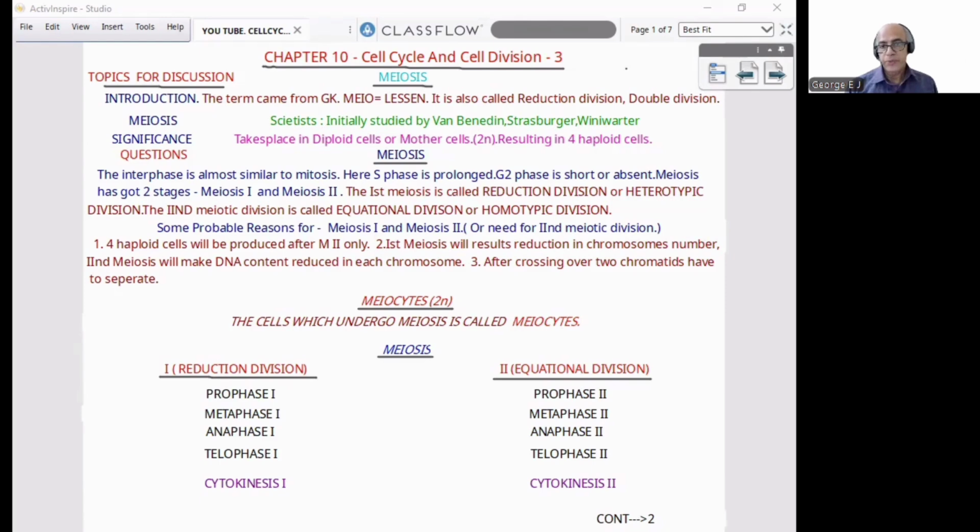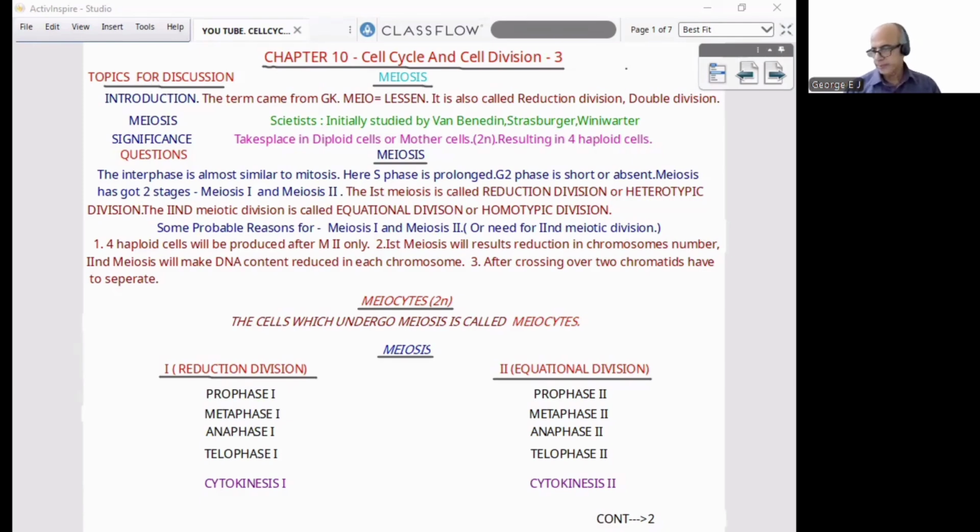Second reason, first meiosis causes reduction in chromosome number, no doubt, but second meiosis will only cause DNA content to be reduced in each chromosome. Third reason, after crossing over, the 2 chromatids are not identical now. They have to separate. These are some suggestions why there is a need for a second part in meiosis, that is meiosis 1 and 2.